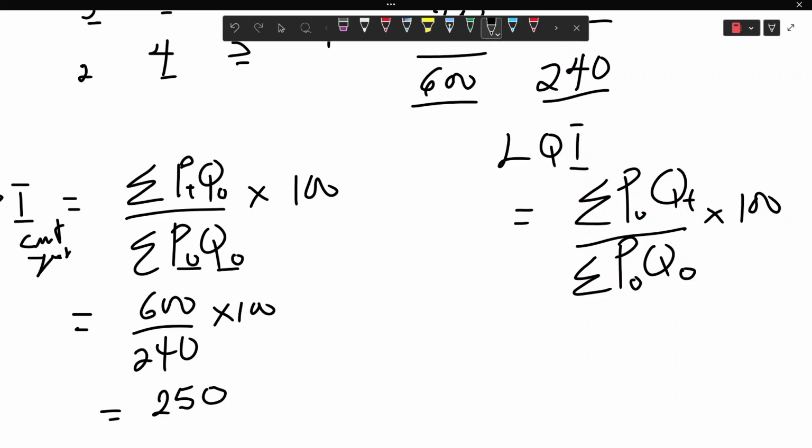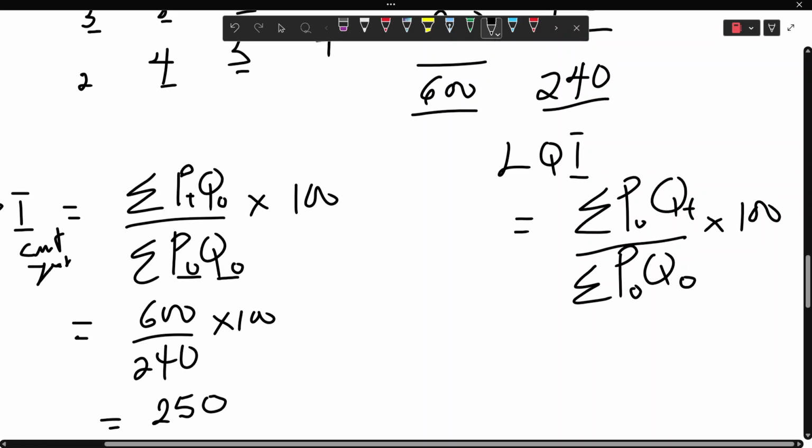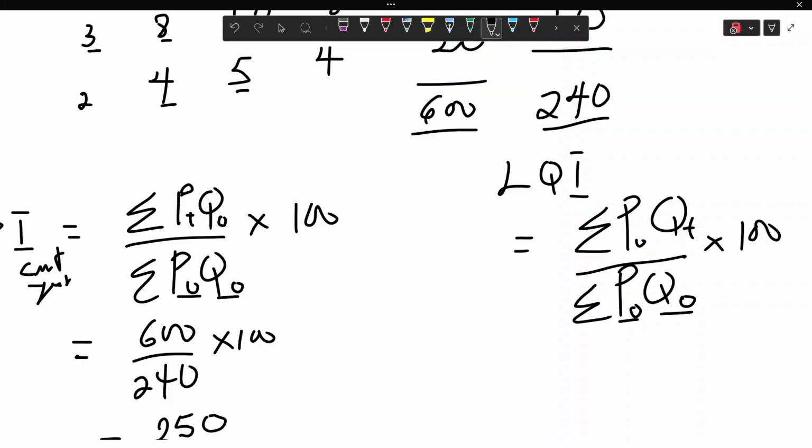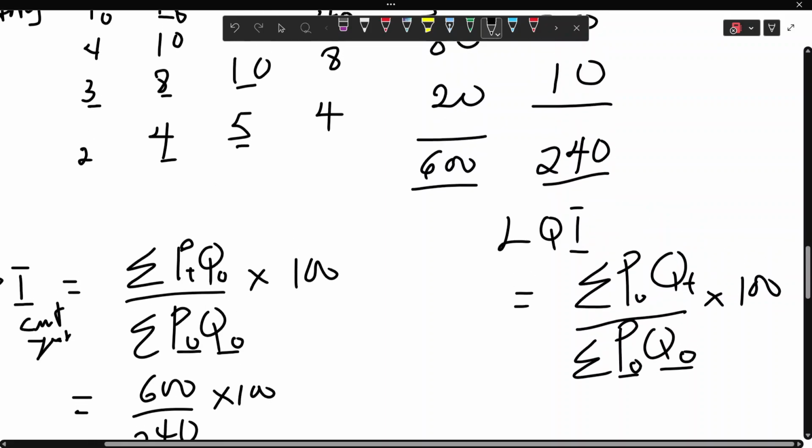And you know that Laspeyres uses base year prices or quantities. So if quantity is varying, the prices are going to be used as weight. So we use the base year prices as the weight. Looking at this formula, we've already found the denominator to be 240, but we don't have base year prices and current year quantity.